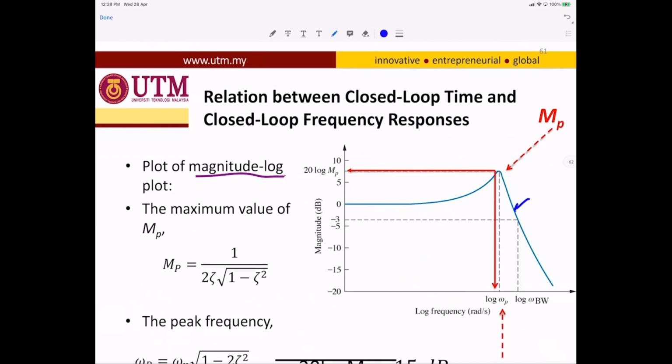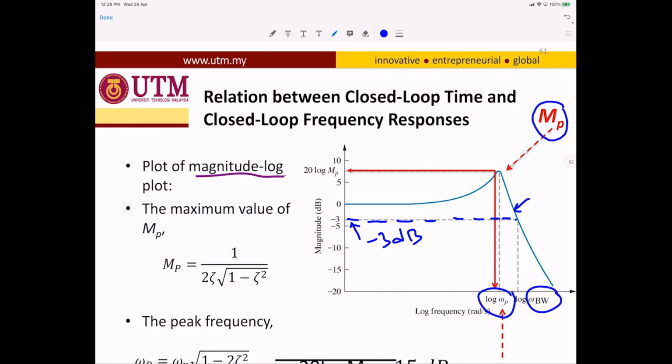Which starts from 0, it goes up with the peak magnitude, Mp, and at the peak frequency, omega p. And at minus 3 dB, here is the bandwidth frequency.